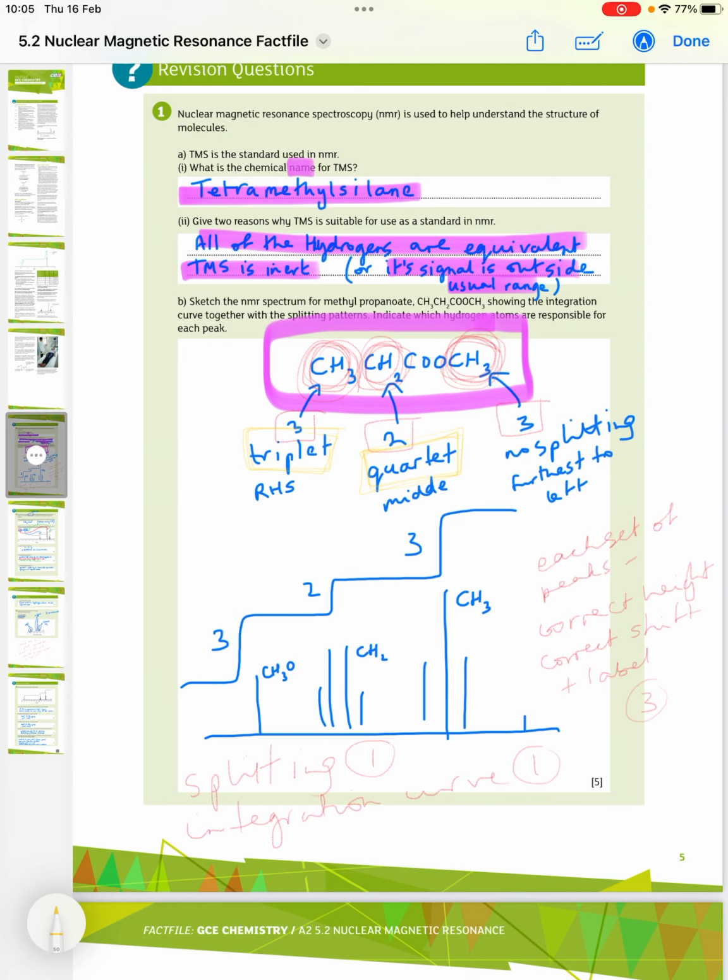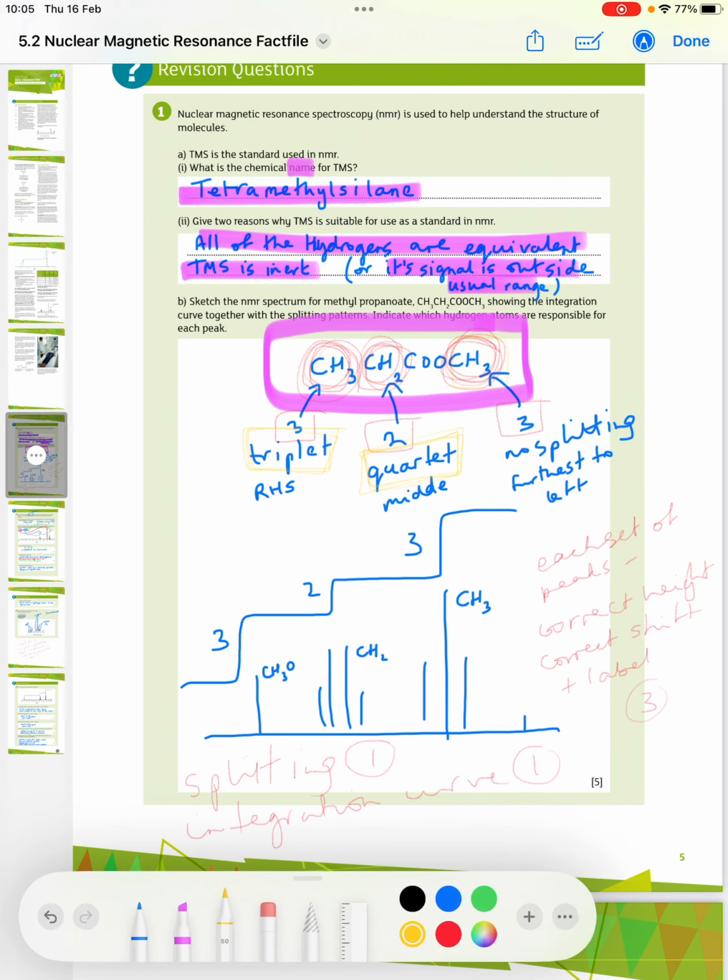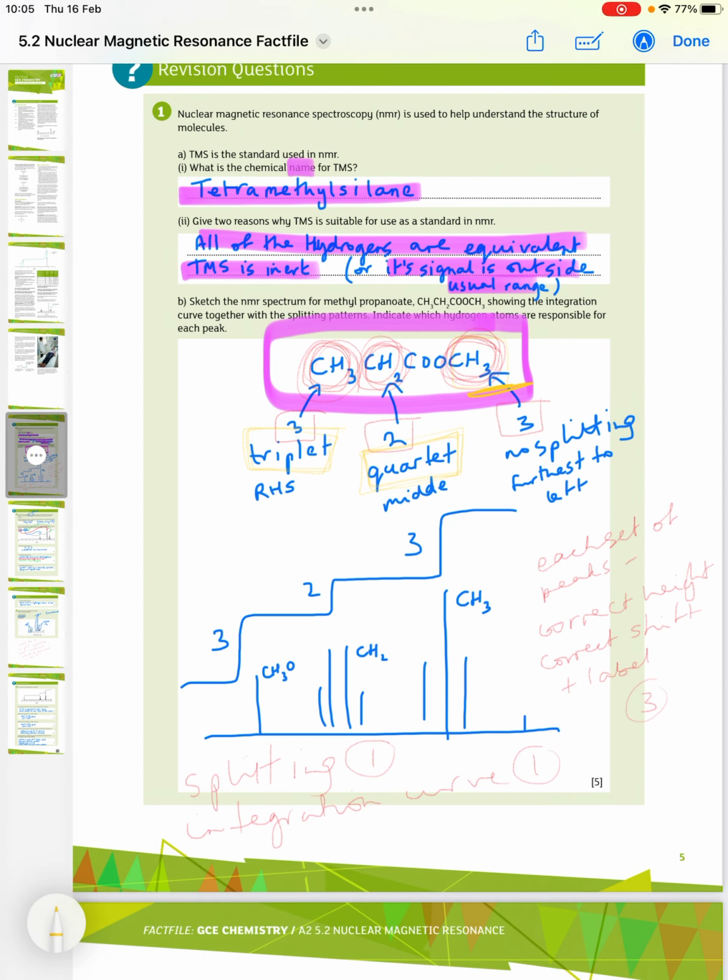And the methyl group right at the end has no hydrogens on any adjacent carbons, so there will be no splitting for that one. So we have a quartet, a triplet, and one with no splitting.